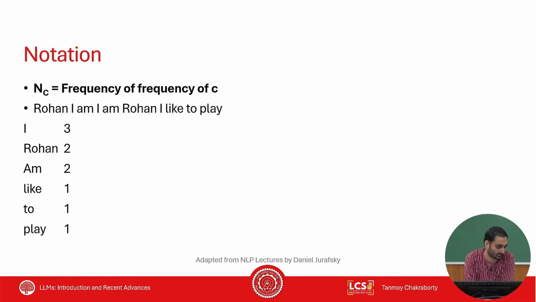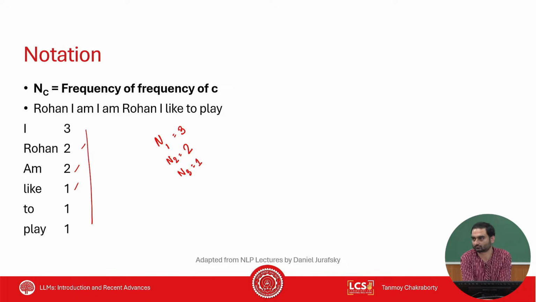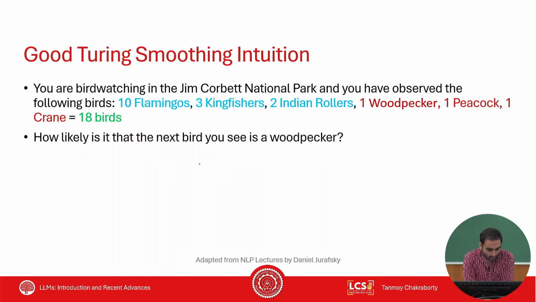The token I appears 3 times, Rohan 2 times, am 2 times, like 1 time, and so on and so forth. So what is N1, the frequency of count 1 here? 3. What is N2 here? 2. Frequency of count 2. What is N3 here? 1. Frequency of frequencies.